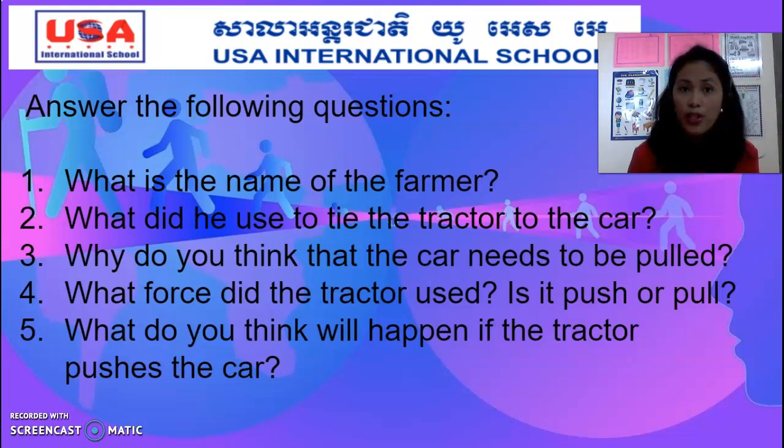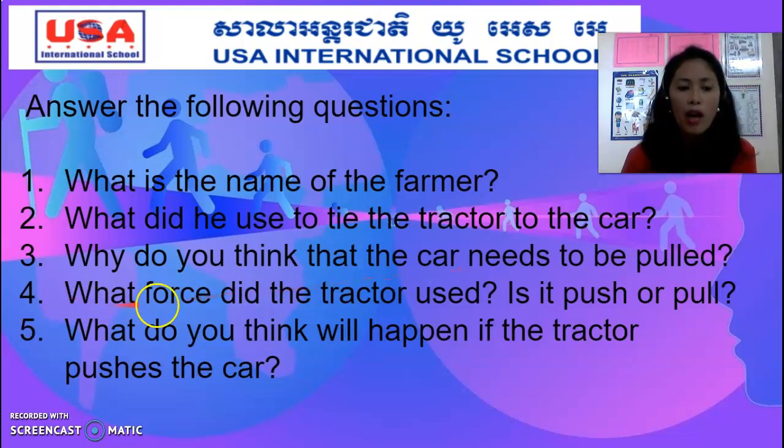If you don't want to, write it on the notebook. Number 2, what did he use to tie the tractor to the car? Number 3, why do you think that the car needs to be pulled? Why does the tractor need to pull the car out of the pond?